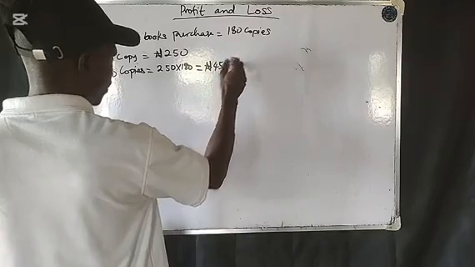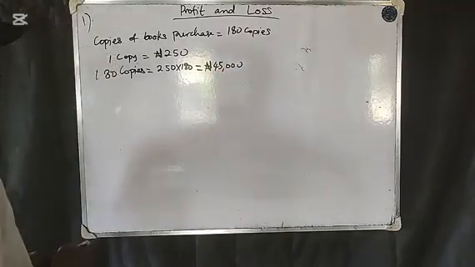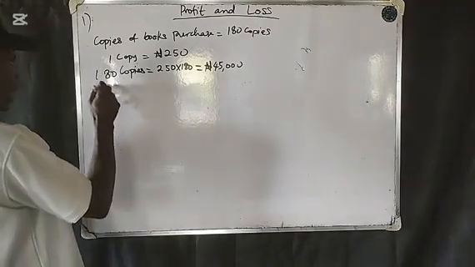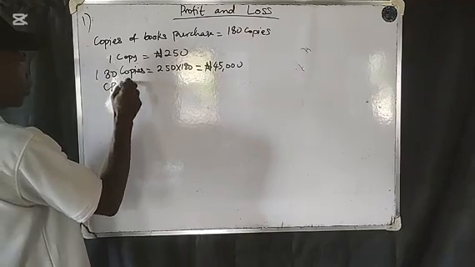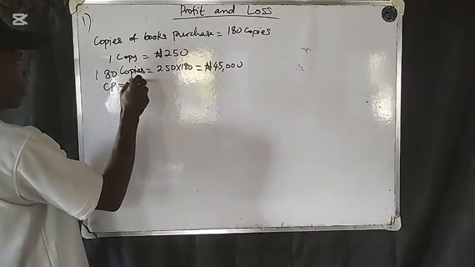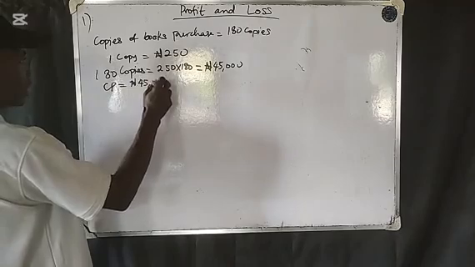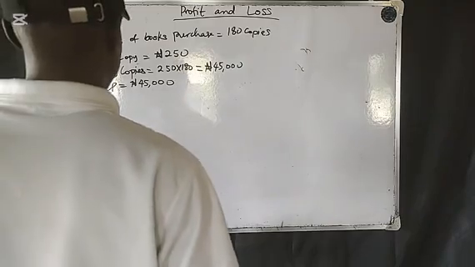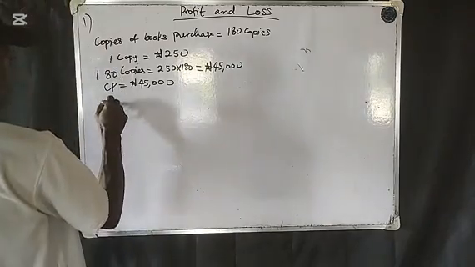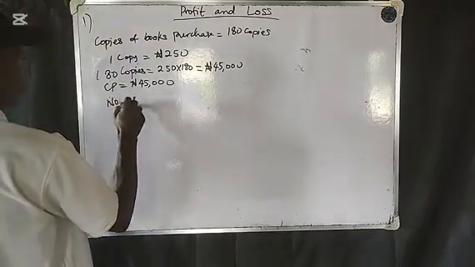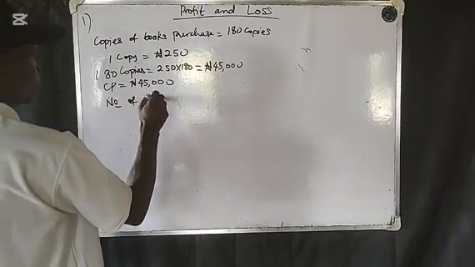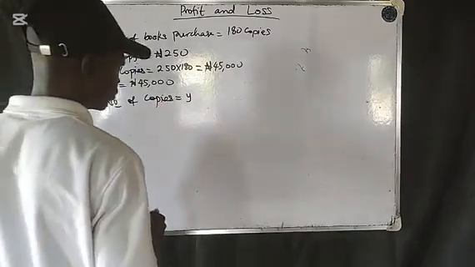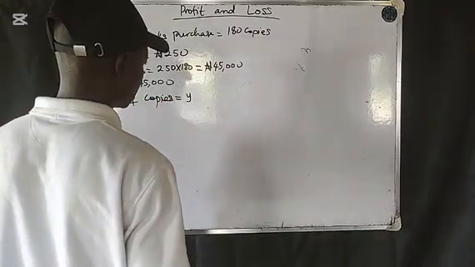So this is the total cost of the books he purchased, right? So we can say cost price is equal to 45,000. Is that right? Okay, let's continue. Number of copies sold is equal to Y, right?